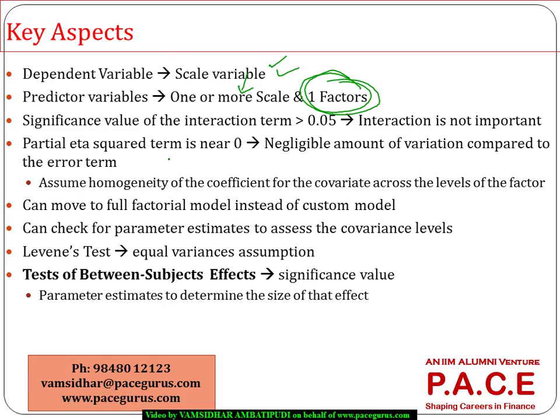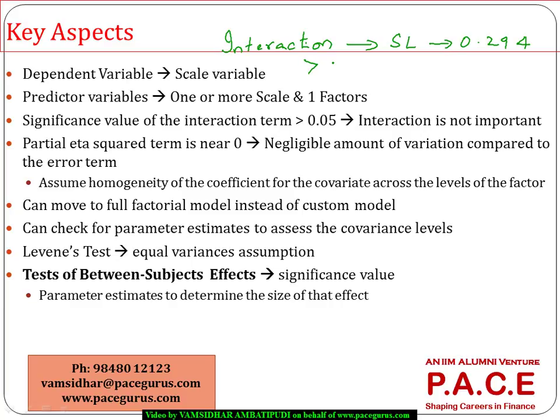For the interaction between the covariate and the factor, you look at the significance level. In this case, we got around 0.294, which is greater than 0.05. So you could say that the interaction is not so important.